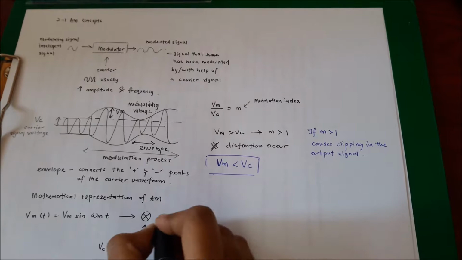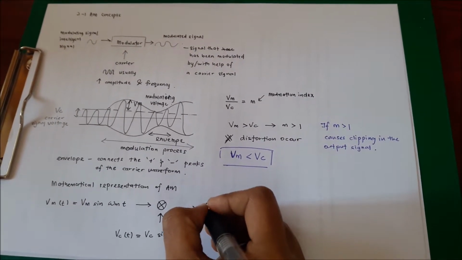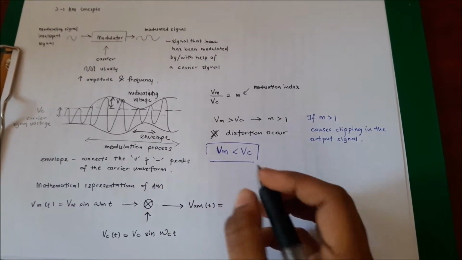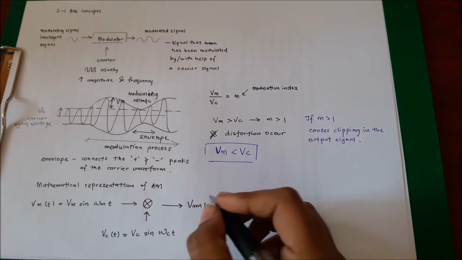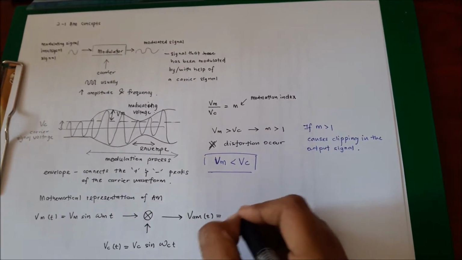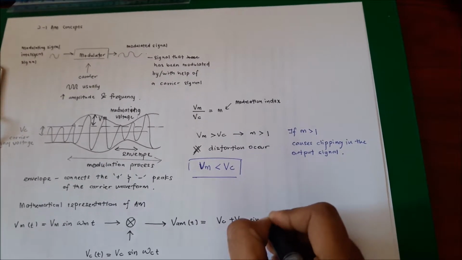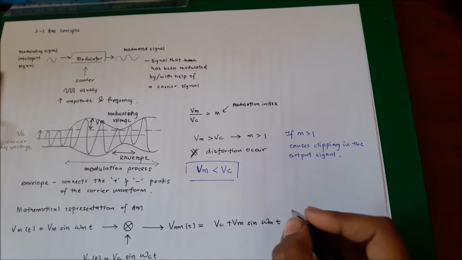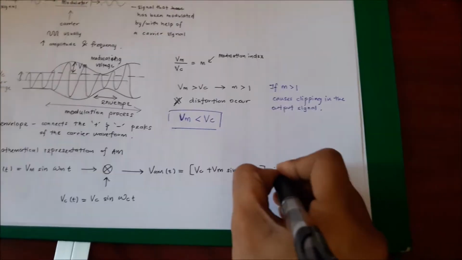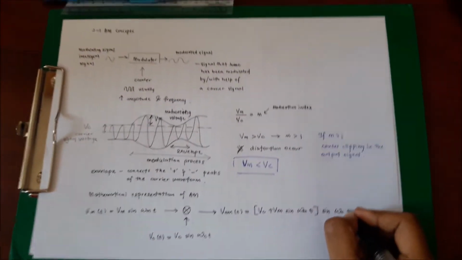Alright, and the output here you're going to get is Vam, a combination of both. You're supposed to get it in this form: Vc plus Vm sine omega m t, this whole thing multiplied by sine omega c t.